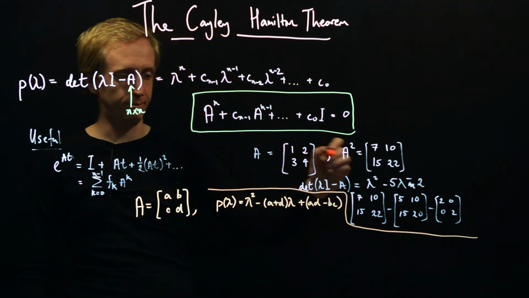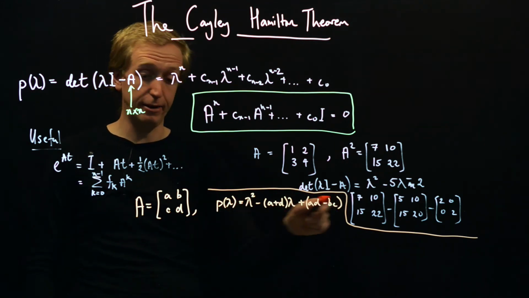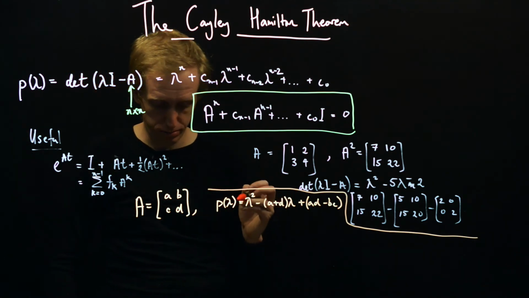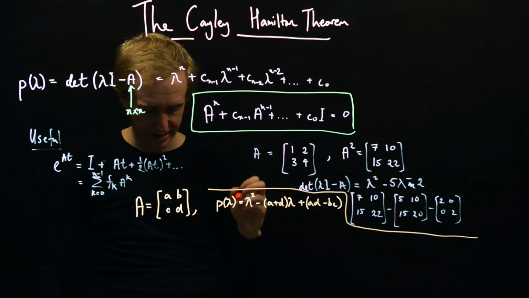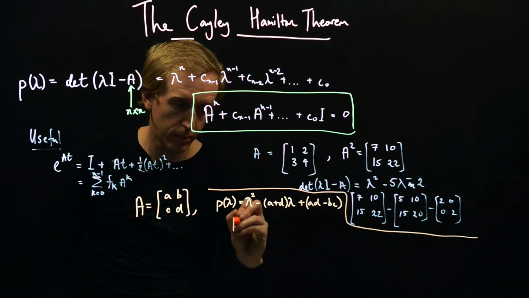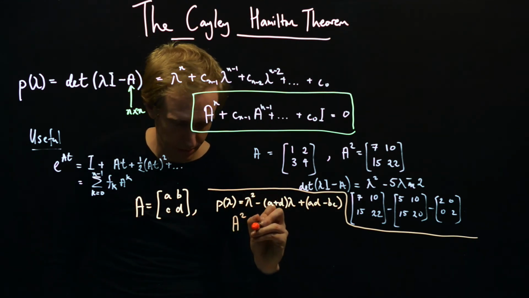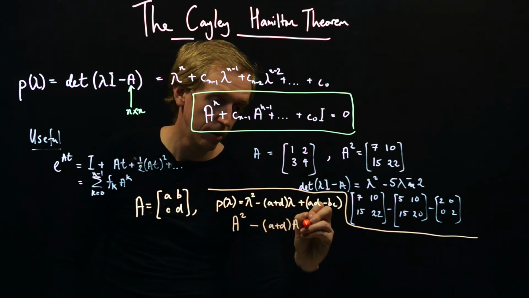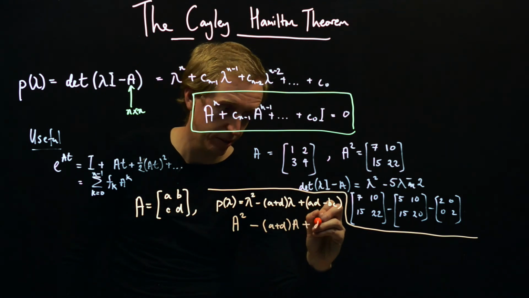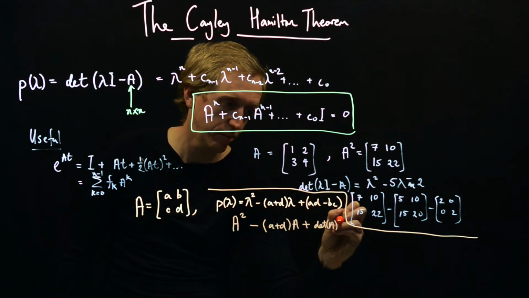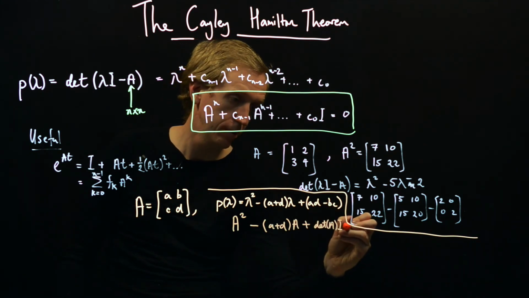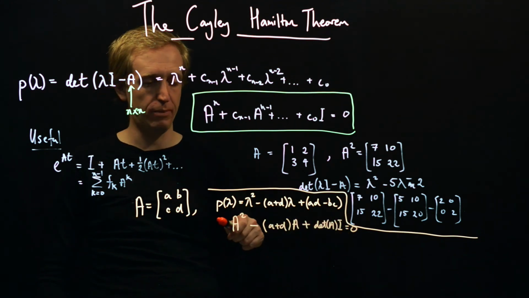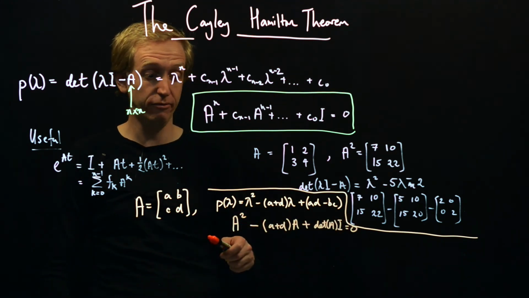So let's just separate this off from our earlier calculation. This is the characteristic polynomial of our matrix here. And now the Cayley-Hamilton theorem is telling us that A squared minus (a plus d) A plus the determinant of A multiplied by the identity is equal to 0. And now let's just have a little think. What would happen if we multiplied this whole expression by the inverse of A?